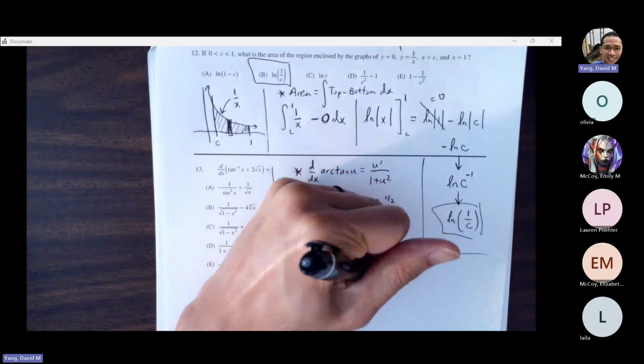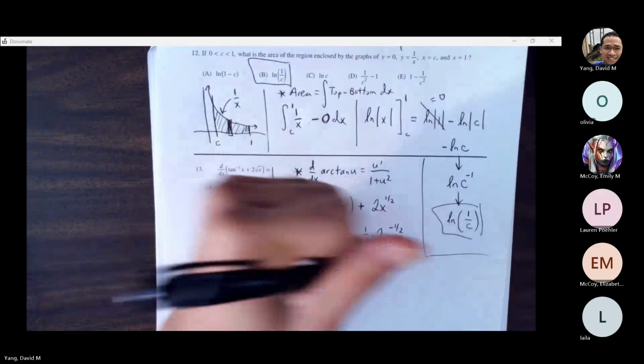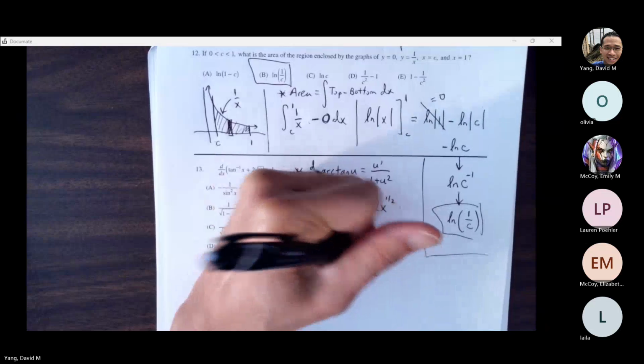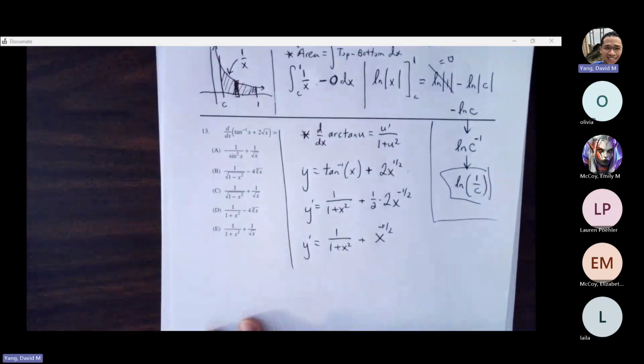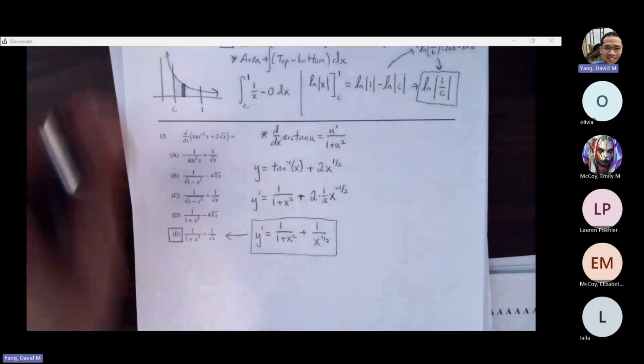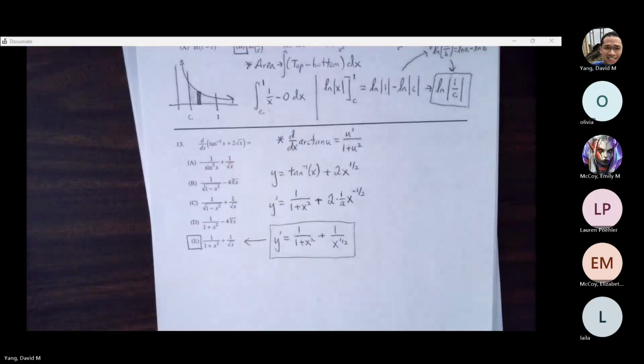Twos cancel out. x to the negative 1/2 is the same thing as x to the 1/2 in the denominator. So answer choice E.